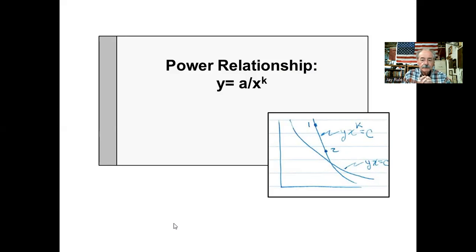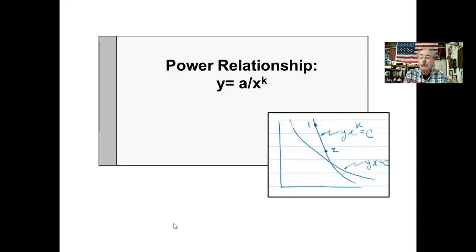Now we're moving on to a function that is even more complex than the hyperbola. And I will have to admit that I did not cover this in high school very much. Okay. It wasn't until college that I got to this, what I'm calling a power relationship, y equals a divided by x to the k.